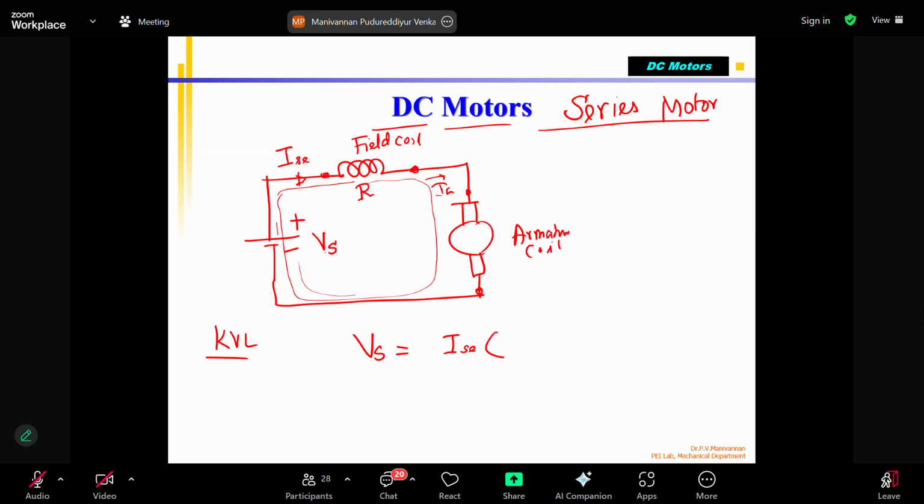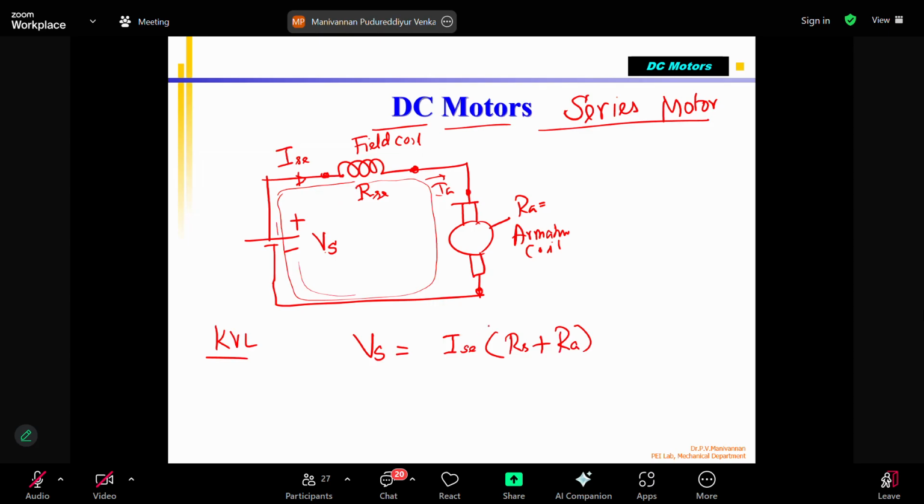We call it the series coil because it is the series motor, RSC, and this one we call RA, the armature coil. So plus RA. These two are the voltage drops.